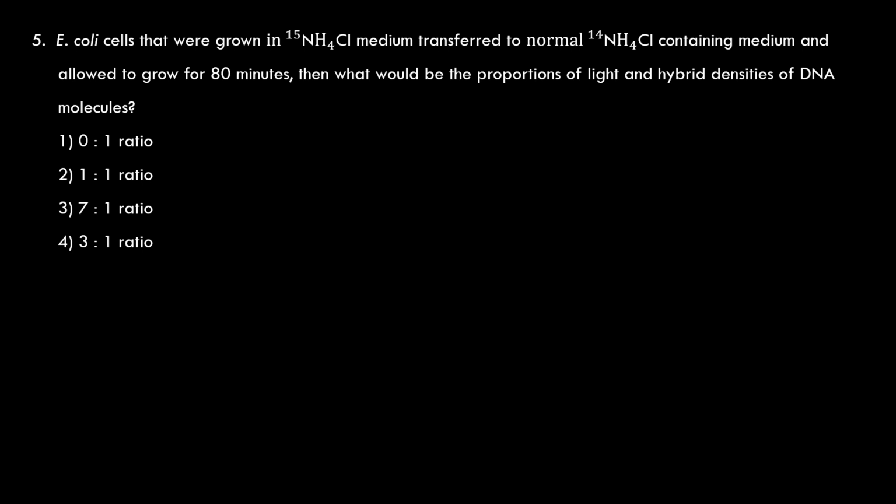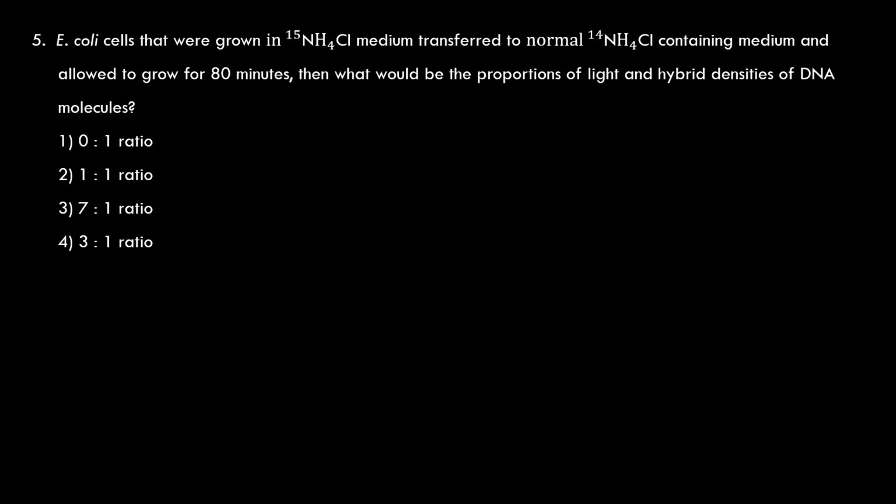Out of 8 molecules, 2 molecules will be hybrid and the remaining 6 molecules will be lighter. So 6 lighter and 2 hybrid means 6:2, that is 3:1. That is 60 minutes.